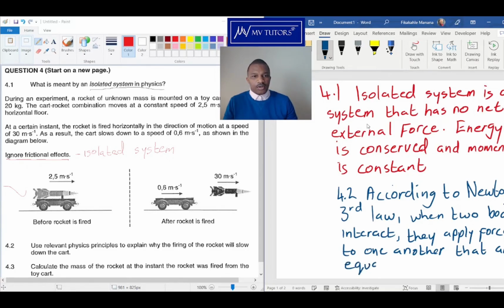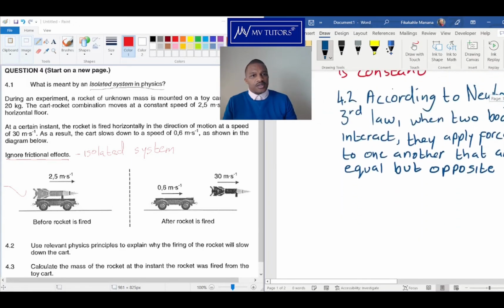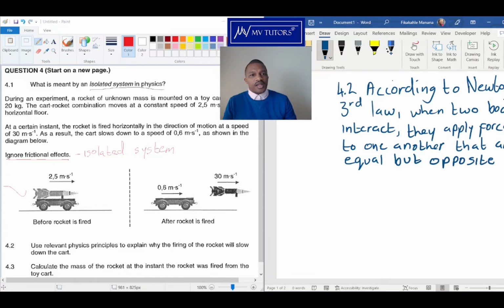Full stop. This is defined in Newton's third law.